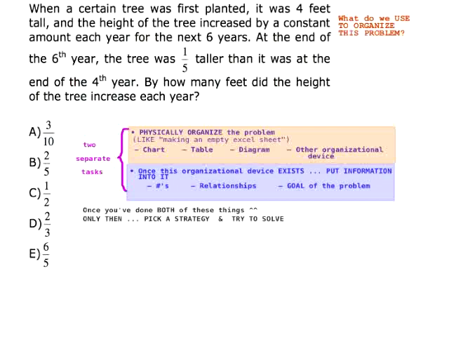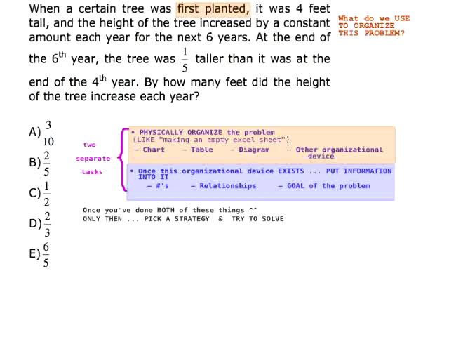Not a lot of it. You have first planted. You don't pay attention to the 4 feet right now because that's later. That's a number that goes in a chart. Same thing, constant amount. We don't care right now because that's blue stuff. That's a math relationship. 4 is a number. Constant height's a relationship. Just ignore those things.